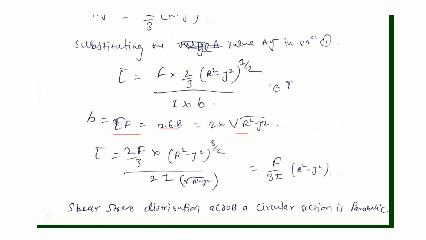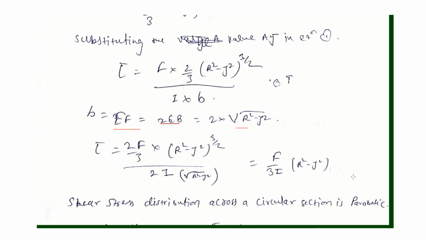Put in this equation, we have (r square minus y square) to the power 3 by 2 over root of r square minus y square. So cut the root portion, and the remaining portion is r square minus y square. So tau equals F by 3I into (r square minus y square), which is the general stress equation.